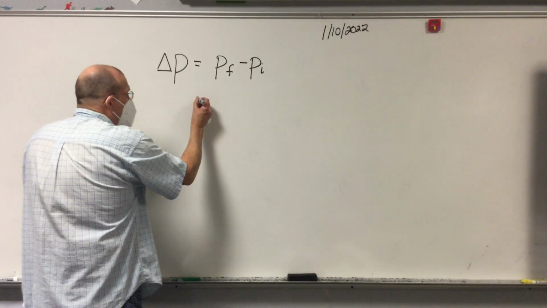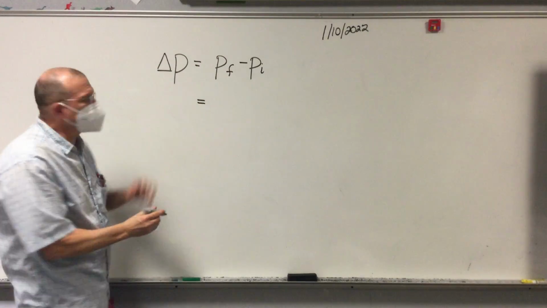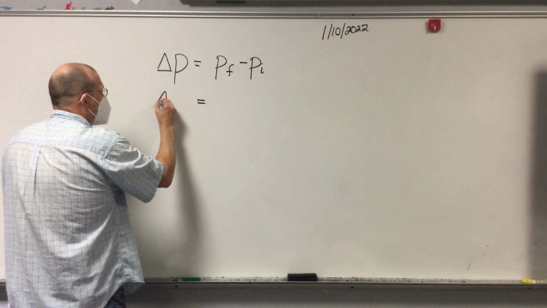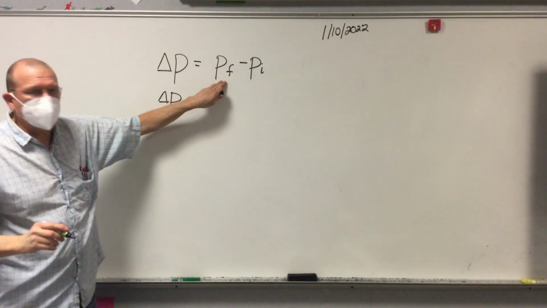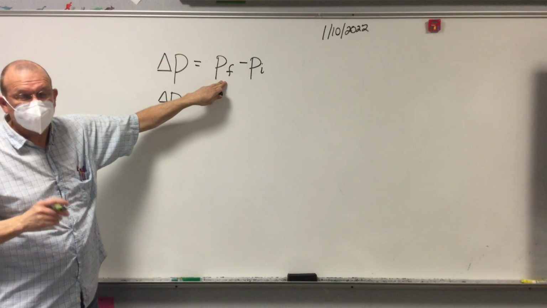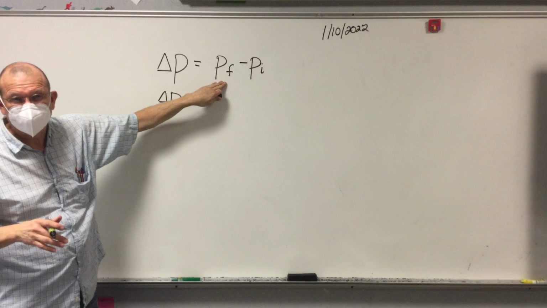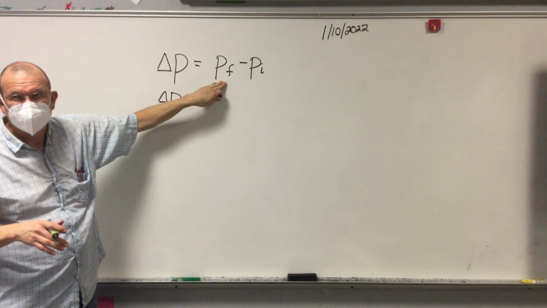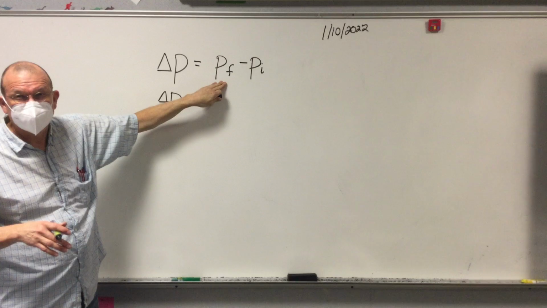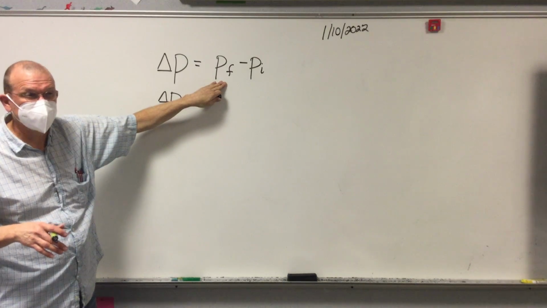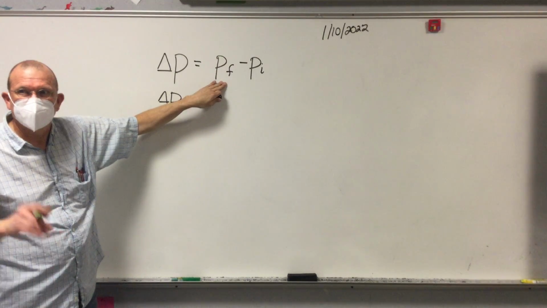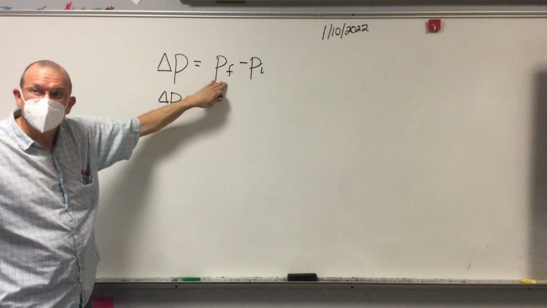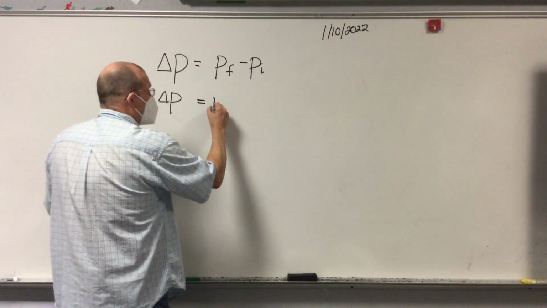So if we were to break this down mathematically, what could we break this down to that we've talked about already? What equation? Matthew? M times V.